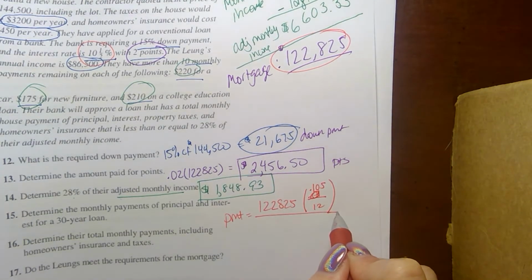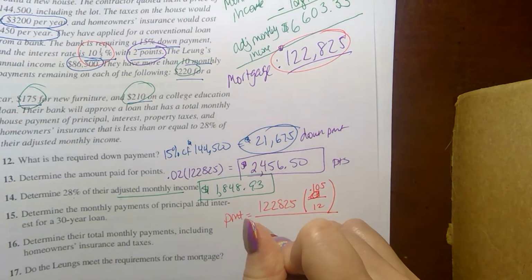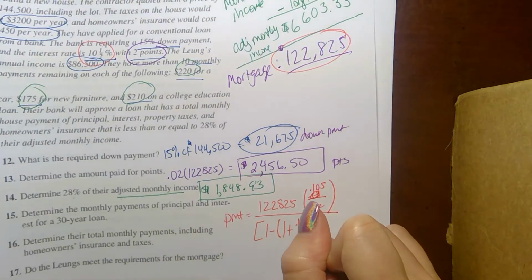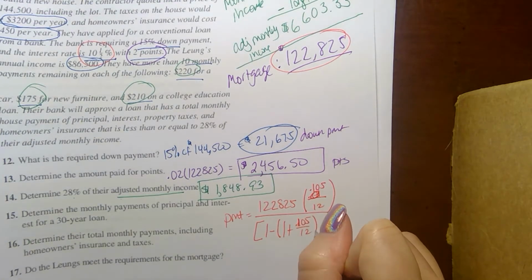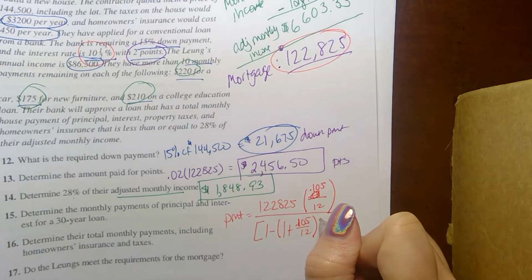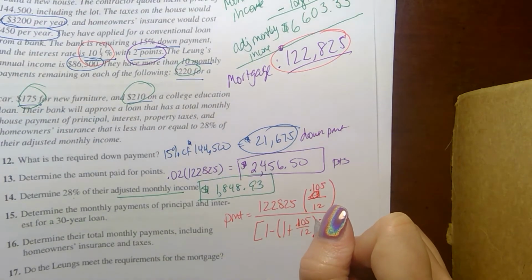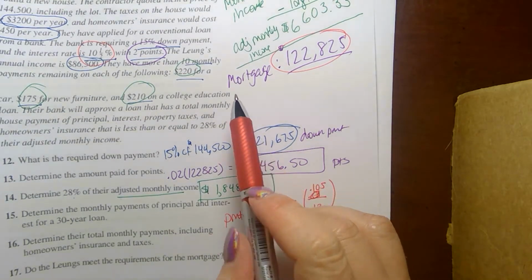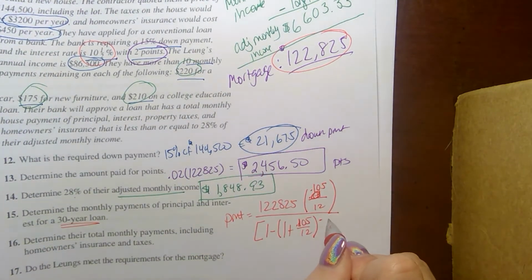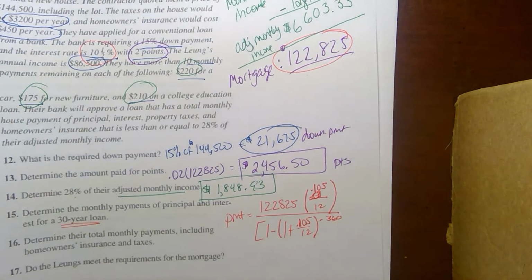All over, and in my denominator, I get 1 minus 1 plus that 0.105 over 12, raised to the negative NT, and they're going to take out a 30-year loan. So 12 times 30 gives me an exponent of negative 360. That is what I have to work through and input into my calculator.